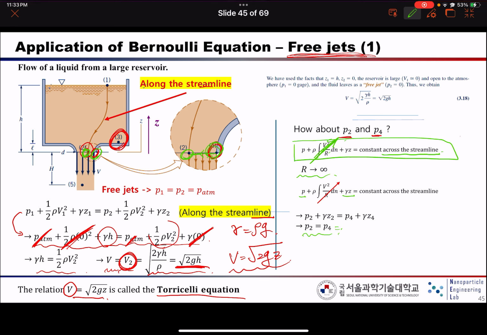This is very obvious because p4 is also open to air. So p2 equals p4 equals p atmosphere.